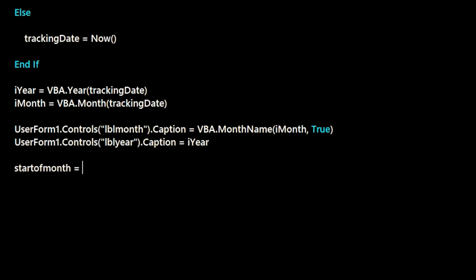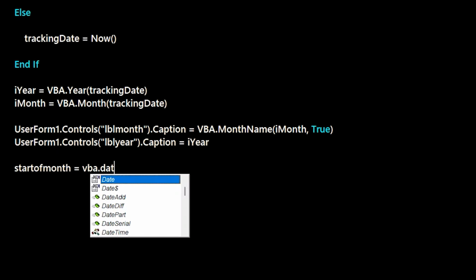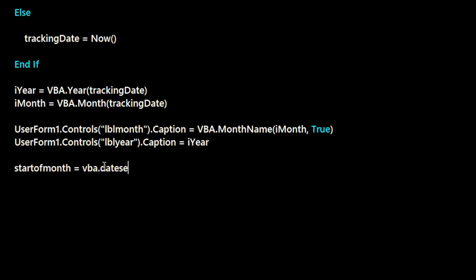To do that, we want to start with the first of the month. And we know the first of the month is always 1, and we have our month, iMonth, and our iYear already. So we can just put that into a DateSerial to create the date. And then from there, we'll want to figure out what day of the week the first is for that month. Fortunately, VBA has a function for that.